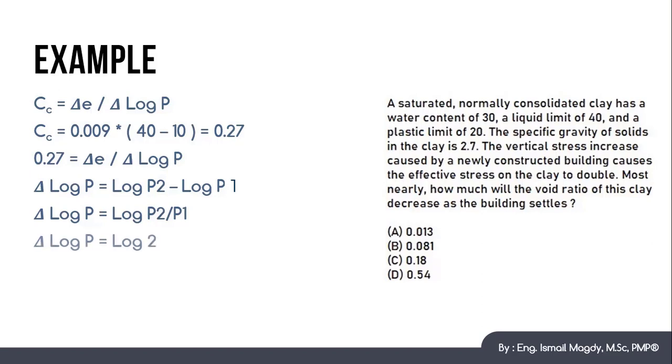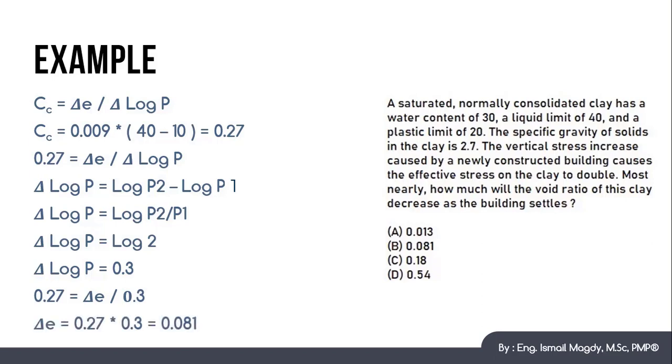So the delta log P will equal log 2, and you can easily calculate log 2 on the calculator, and it will equal 0.3. So this means that the Cc, which is 0.27, equals delta e over delta log P, which is 0.3. So now you can easily calculate the delta e, which equals 0.27 multiplied by 0.3, which will equal 0.081. So this is going to be the answer, which is number B.